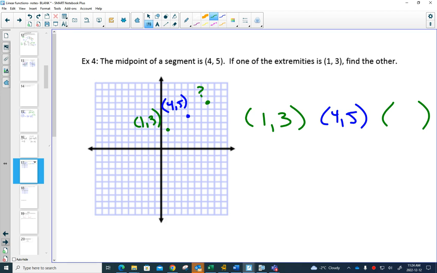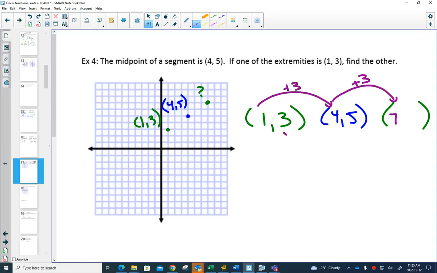Okay? If the 4 is in the middle, you have gone up 3. Would you agree? If you did that again, does it make sense that your x-coordinate should be 7?